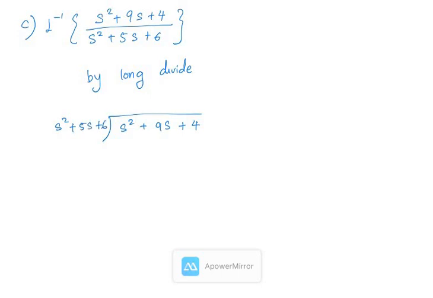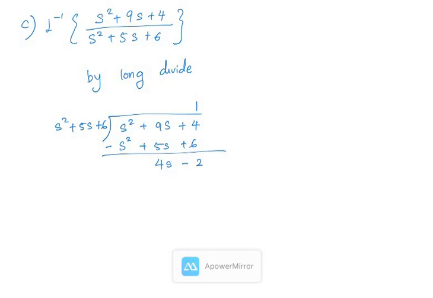Okay, so this is the s squared plus 9s plus 4 divided by s squared plus 5s plus 6. So we can have one only, so there is s squared plus 5s plus 6 with minus, and then 9 minus 5 we get 4. Okay, and then 4 minus 6 you get minus 2.